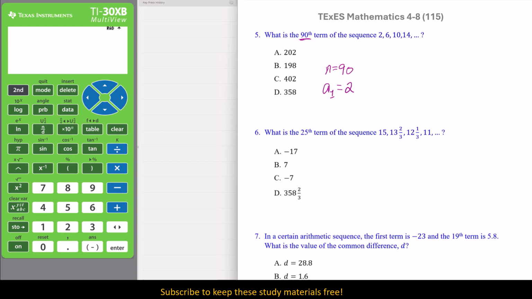The difference from 2 to 6 is 4. 6 to 10 is 4. 10 to 14 is 4. So obviously, our common difference is 4. So we know that d equals 4. And we are looking for a sub 90, the 90th term.